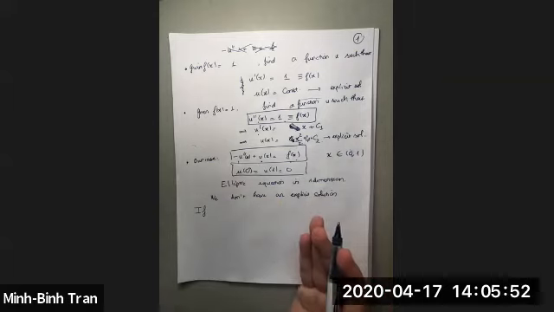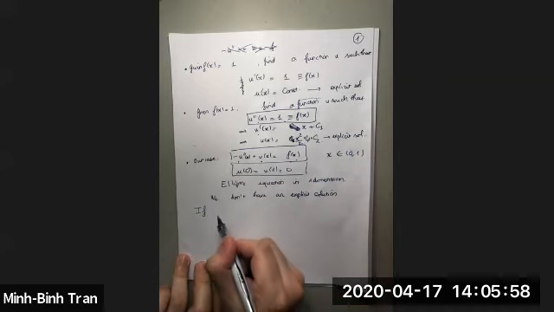Because we don't have an explicit solution, people introduce a so-called weak form.